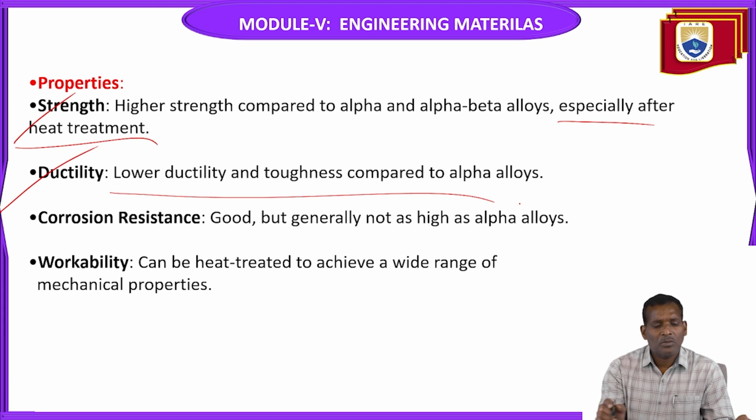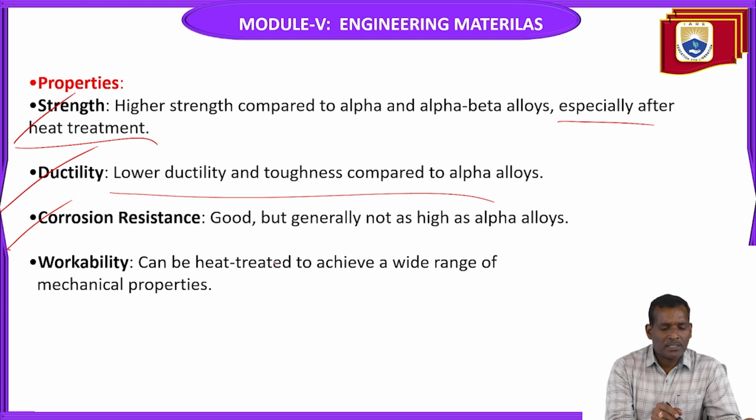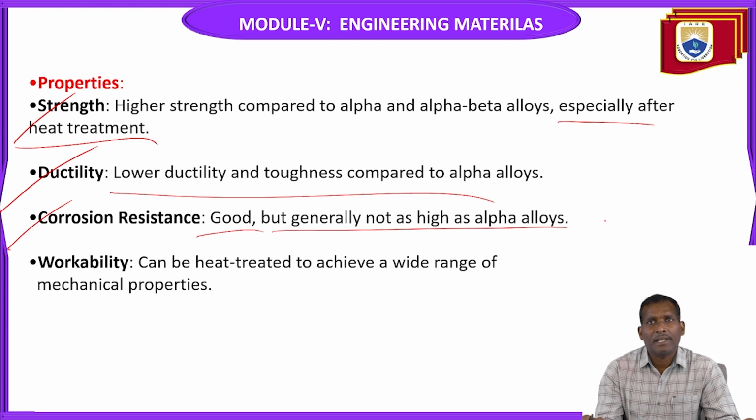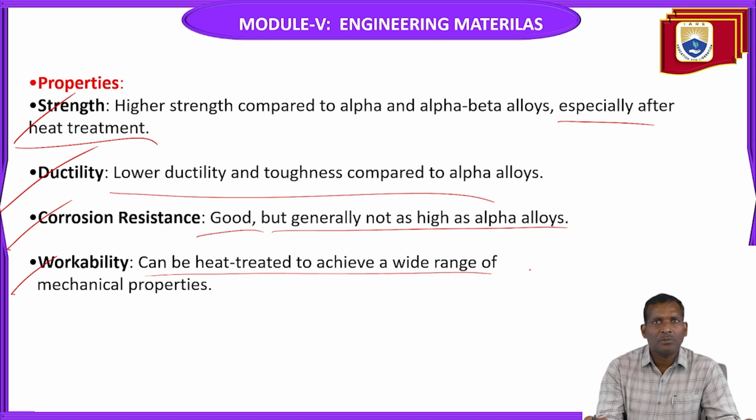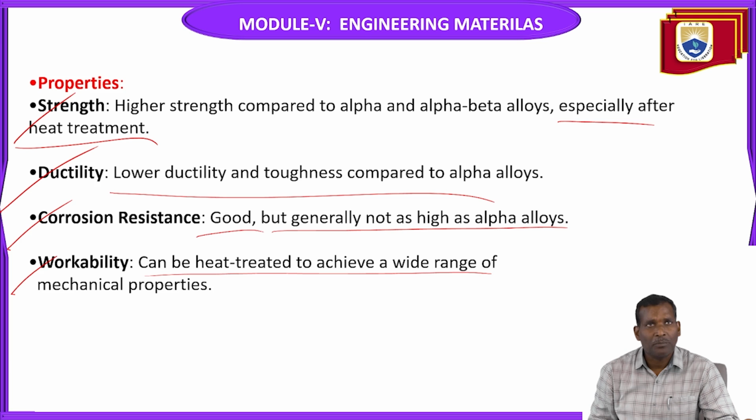Ductility: lower ductility and toughness compared to alpha alloys. Corrosion resistance: good, but generally not as high as alpha alloys. Workability: can be heat treated to achieve a wide range of mechanical properties. So these are the properties of beta alloys.